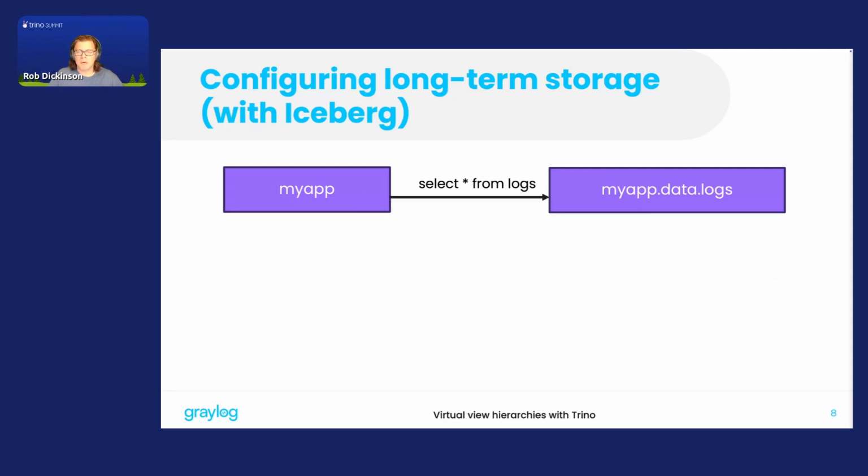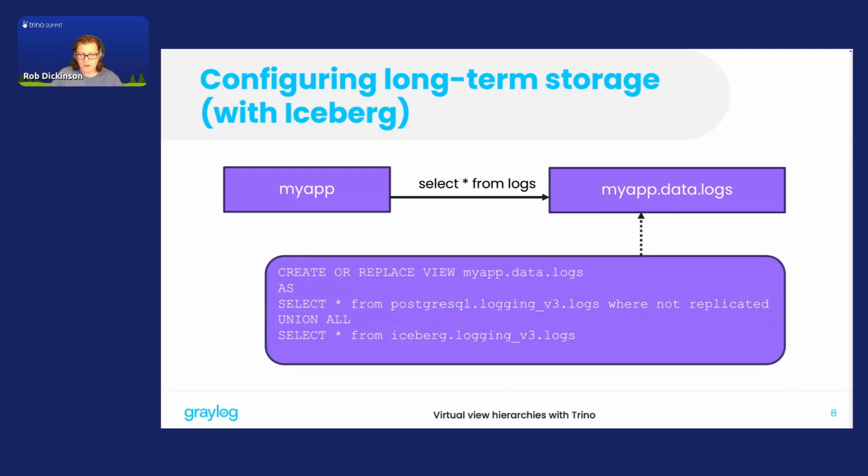Now we start to think about, well, let's take that and let's have an option to extend that to Iceberg. So maybe our short-term data is living on Postgres. Our long-term data is going to live on Iceberg. We're periodically going to replicate that data from Postgres to Iceberg. Well, guess what? We can hide that entire concept here through the virtualized views that we've already established.